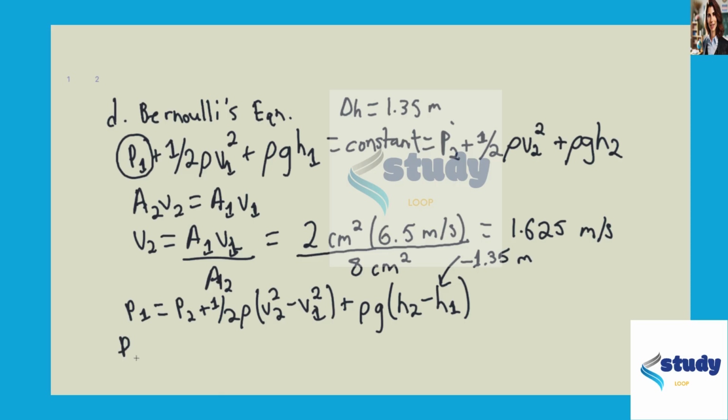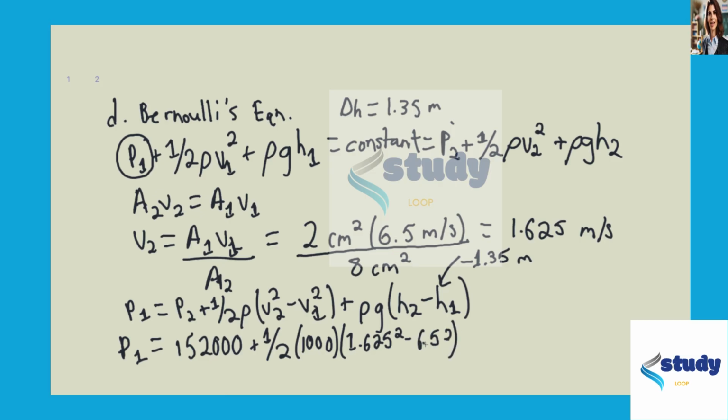So solving for this, we have the pressure sub 2 is going to be 152,000 pascals, or 152 kilopascals, plus half the density of water, 1,000 kilograms per cubic meter, times the velocity in the second section squared, 1.625 squared minus 6.5 squared.